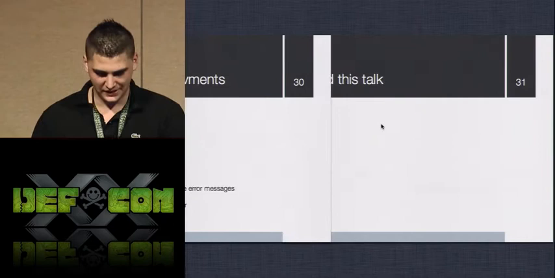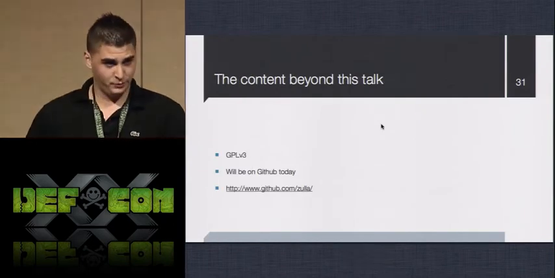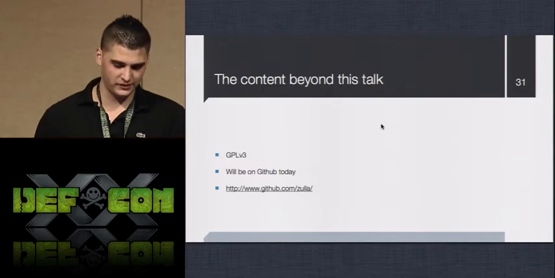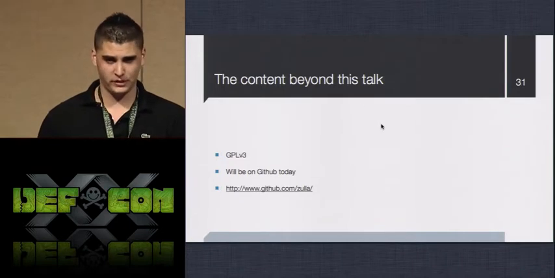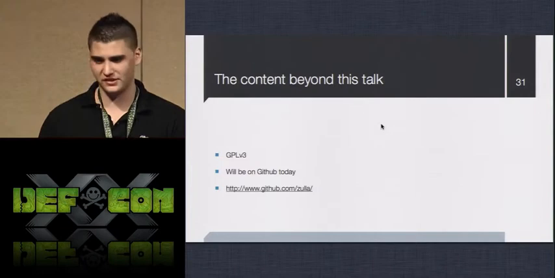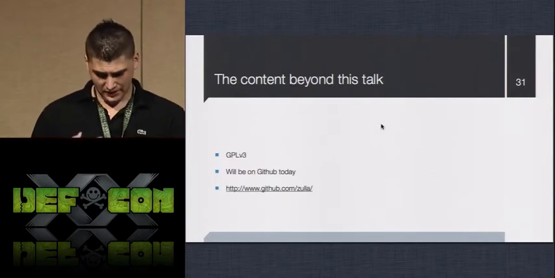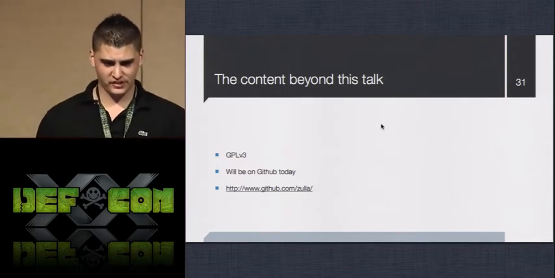So, the content beyond this talk is going to be a framework for web scanning that has a browser engine included. It has 2,000 different plugins for different vulnerabilities and old WordPress exploits and Joomla and Drupal and all that stuff. There's going to be a mathematical engine to do some of that error message parsing.